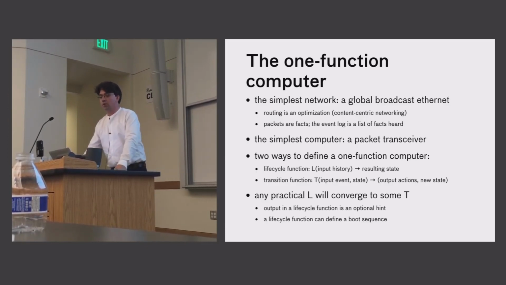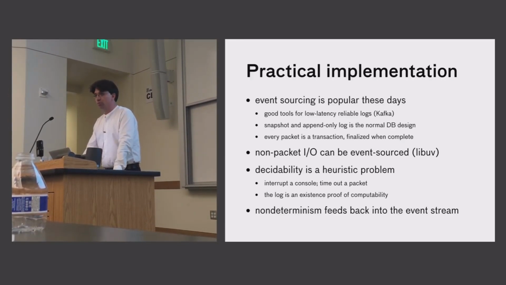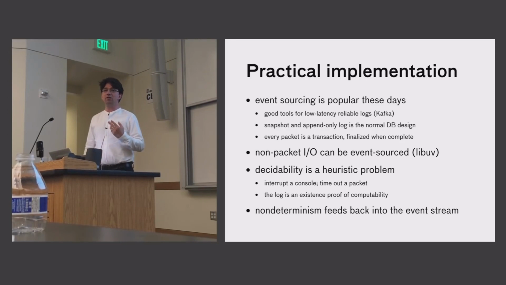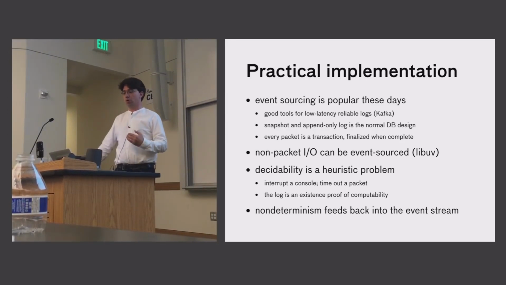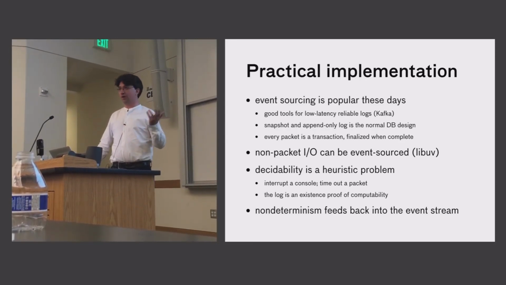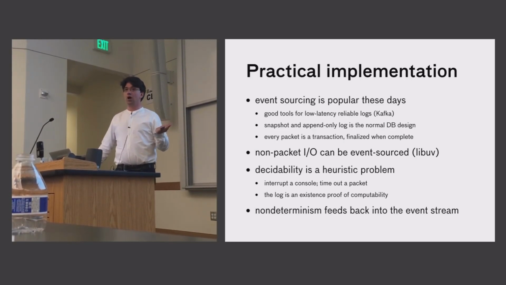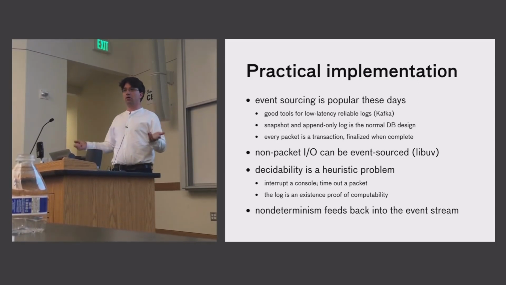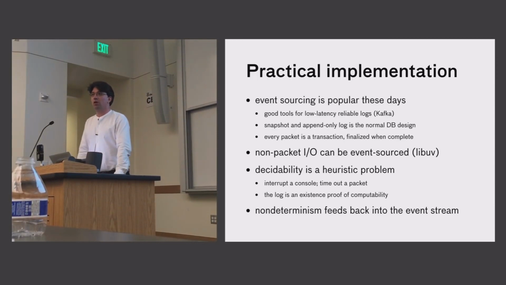Let me skip down for a second and talk about how you implement these things. Implementing a one-function computer like this is actually very easy with the kind of substrates you have at the moment. Event sourcing is basically this pattern. It's usually not used for a general-purpose computer, but it's the same pattern. Low-latency reliable logs are uniformly available.